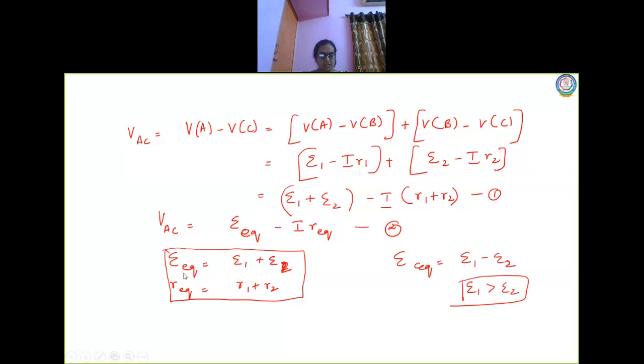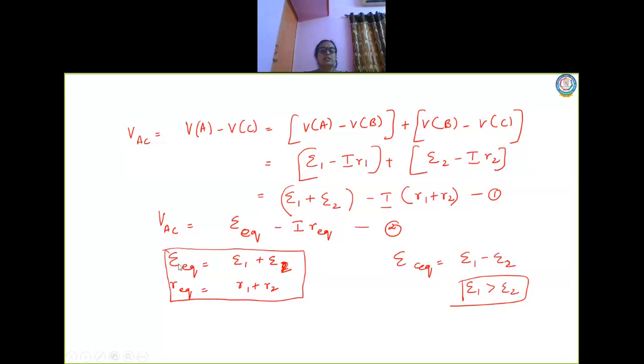Similarly, the equivalent internal resistance of a series combination is equal to the sum of their individual internal resistance. Like how we did the resistors in series and parallel, the resultant, I was telling, the effective resistance connected in series is equal to the sum of the resistance of the individual resistors.